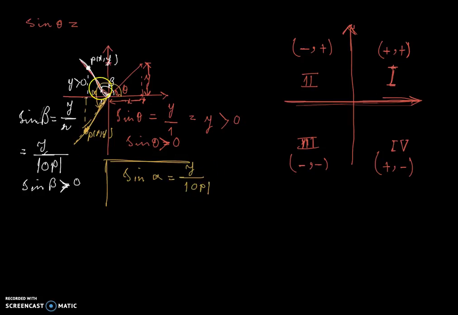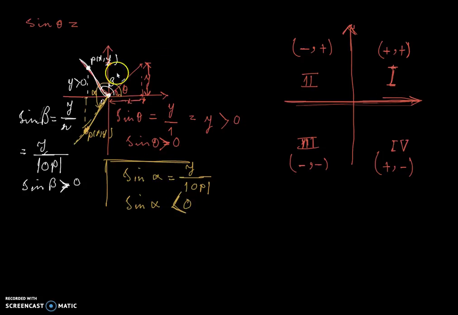OP is in any case positive, but your y value in this case is negative. So it means that you're going to get a negative value. So in this case, sine alpha is less than 0. So you can see that sine in this case is negative, and so on and so forth.